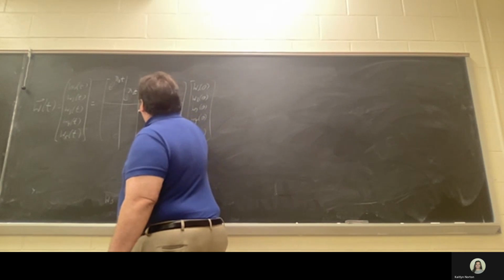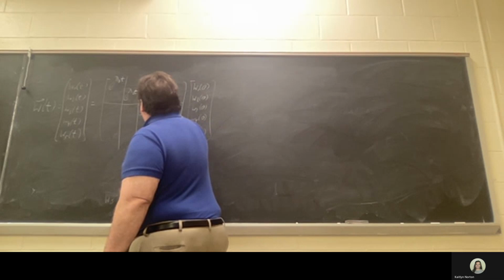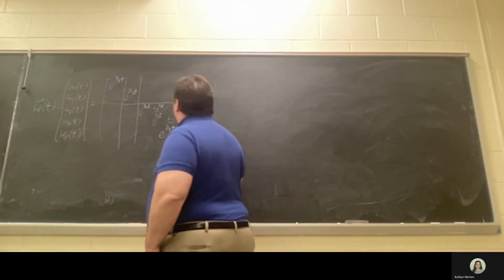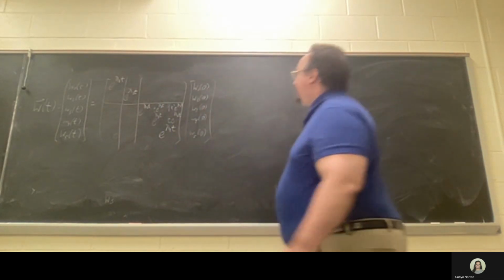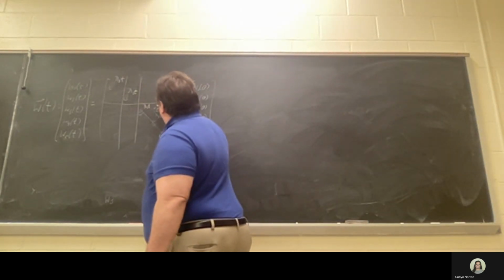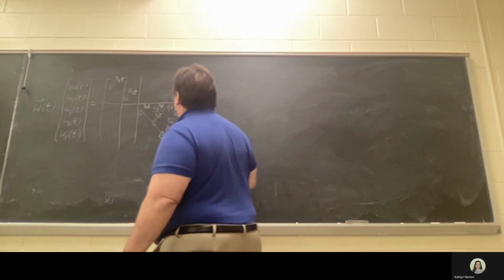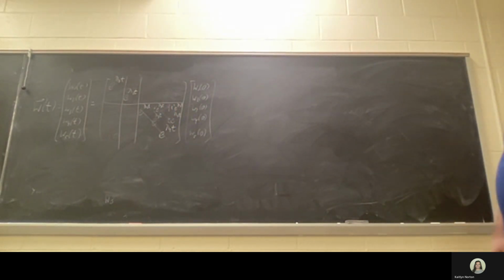And for W3, we have e to the lambda 3t on the diagonal again, and then t e to the lambda 3t times W4 of 0 from our solution formula, and then 1/2 t squared e to the lambda 3t on the second super diagonal. So here are the diagonals: the main diagonal, first super diagonal, and then second super diagonal. Okay, so we can see a pattern there at least, based on what's on the diagonals.